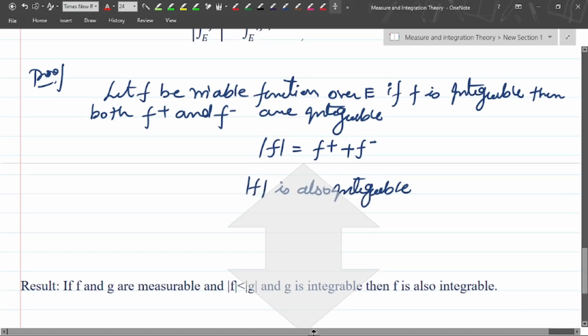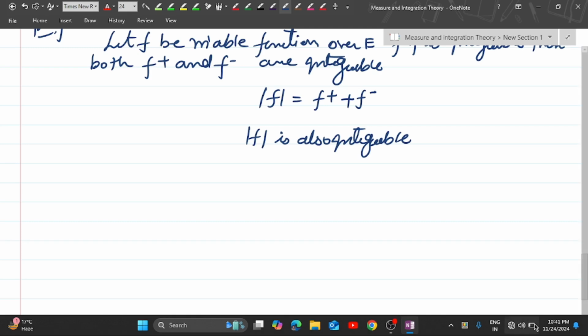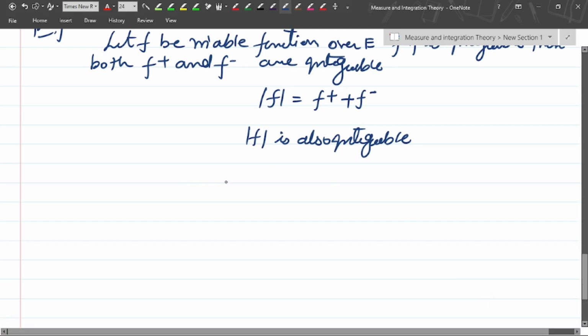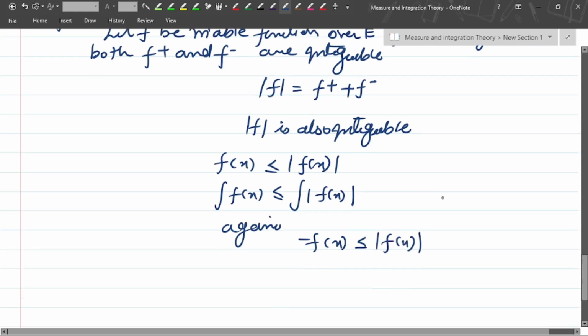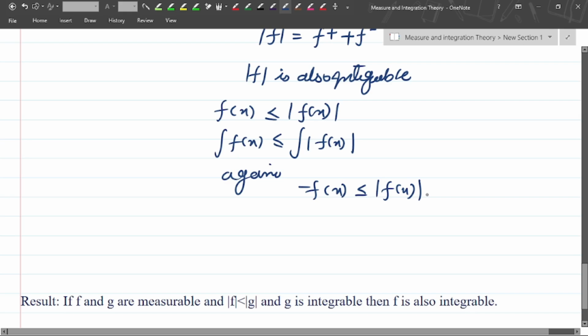We can write f of x is less than or equal to mod of f of x, and the integration of f of x is less than or equal to the integration of mod of f of x. Again, minus f of x is less than or equal to mod of f of x, since if f is less than mod of f, then minus f is also less than this.